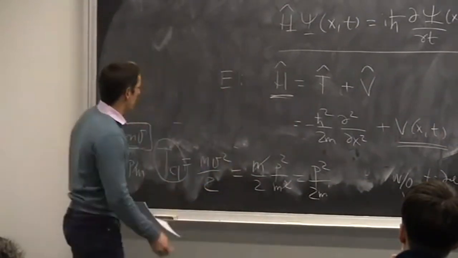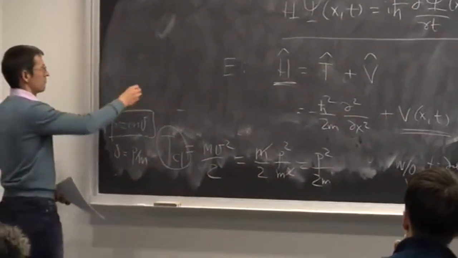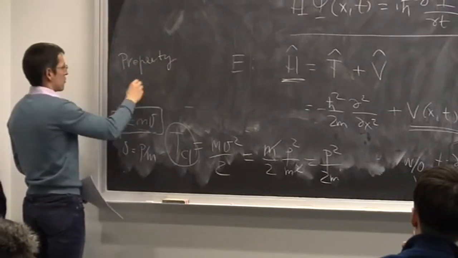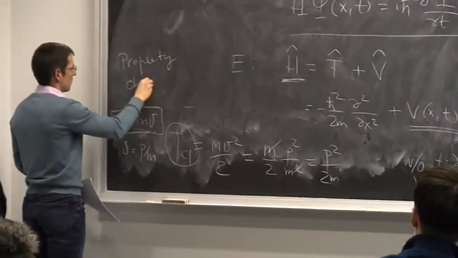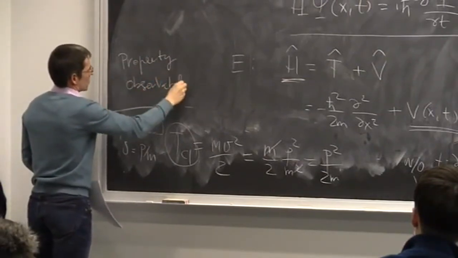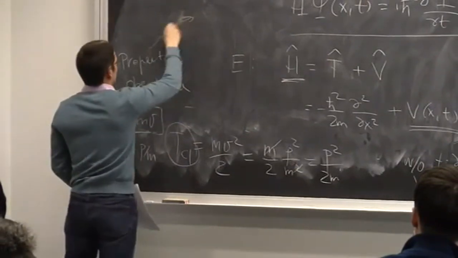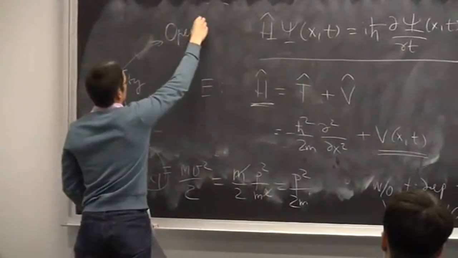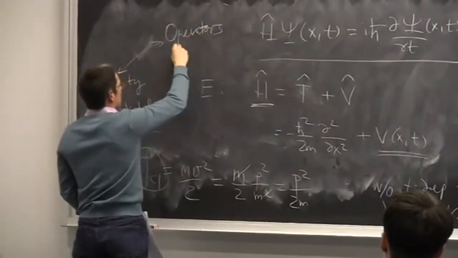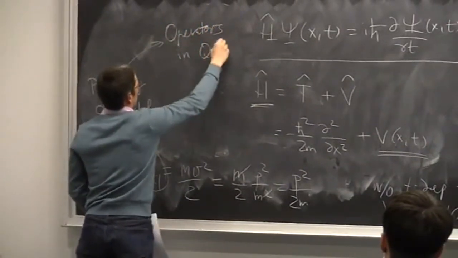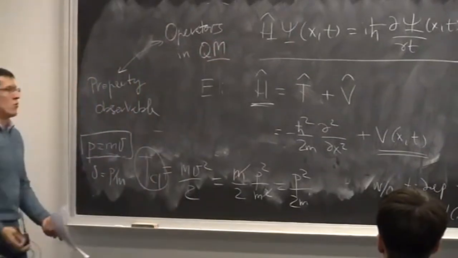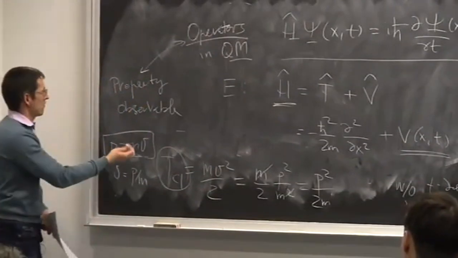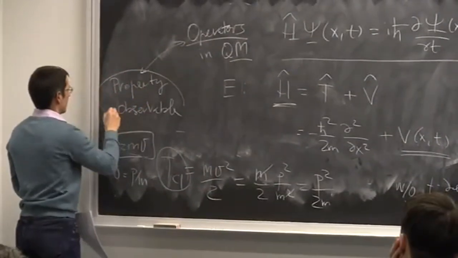But there is this one-to-one mapping between any property that is observable in experiment and operators in quantum mechanics. That's why operators are so important. They are not just mathematical objects, they can be related to physical properties.